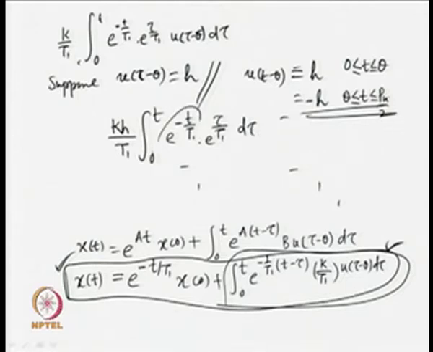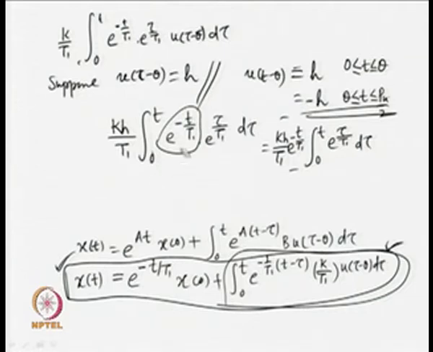Again this term can be taken out of the integral, giving us kh upon T1 e to the power minus t upon T1 with integration from 0 to t of e to the power τ upon T1 dτ, which can further be simplified.